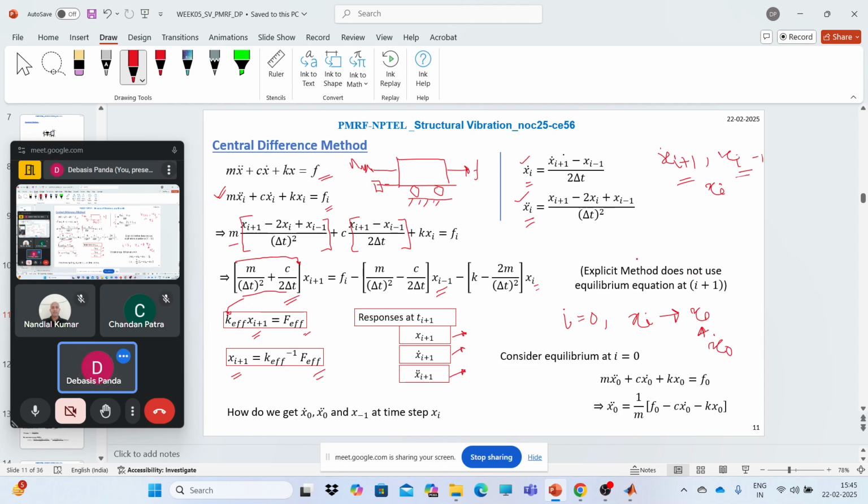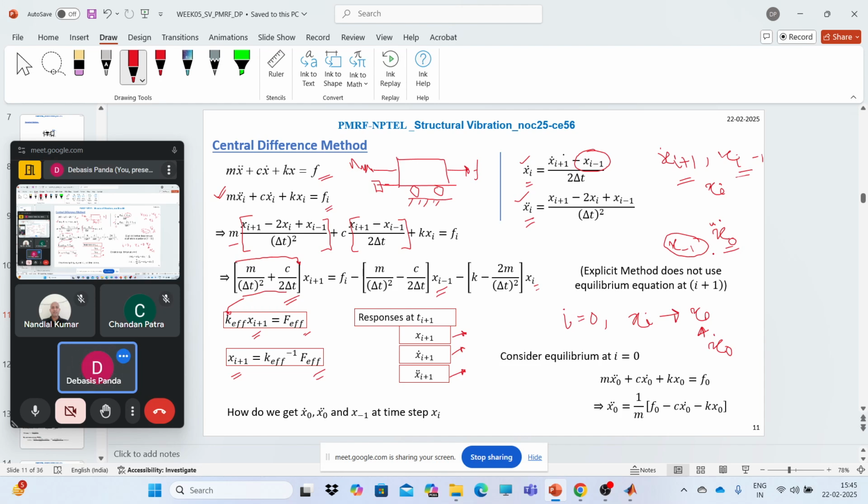But for this quantity xi minus 1 at the I equals 0 time point, that means when we start the iteration, this quantity will be x of minus 1. So how can I get this x of minus 1, and also how can I get the acceleration at the initial point?